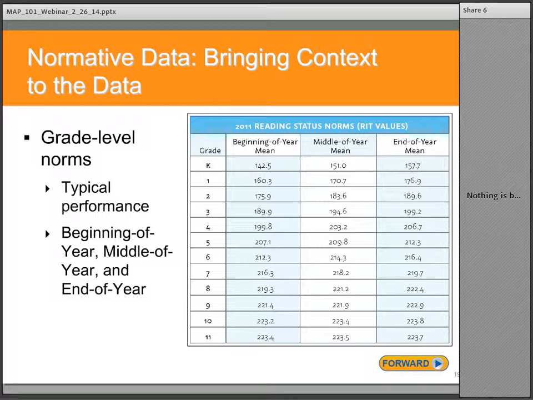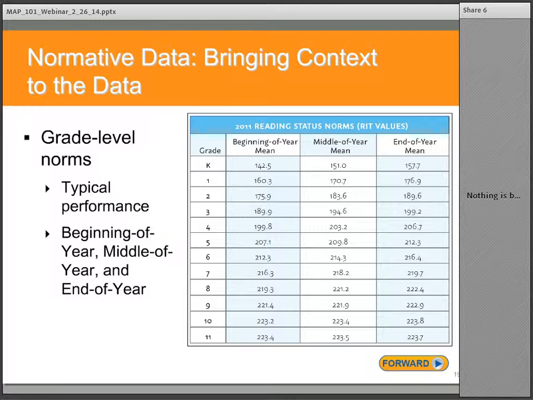But we'll notice that student goes from 194.6 to 199.2, an approximate 5-point gain. Now notice, that's a 5-point gain on an average typical.